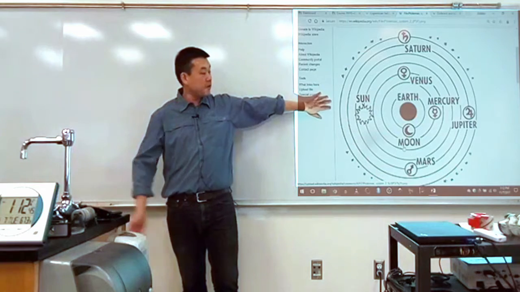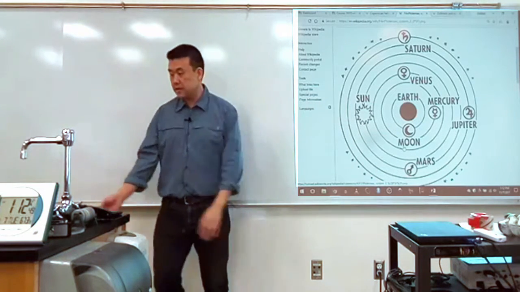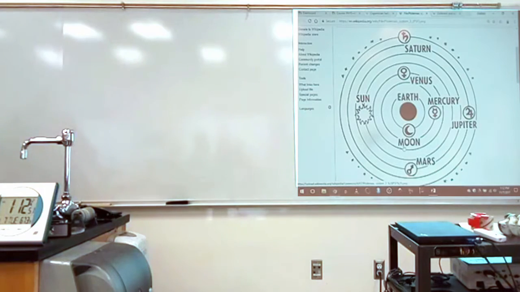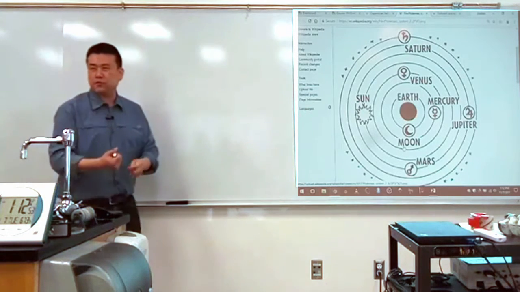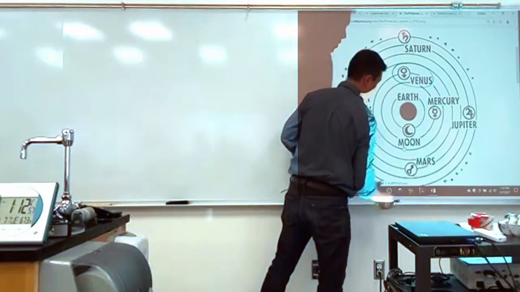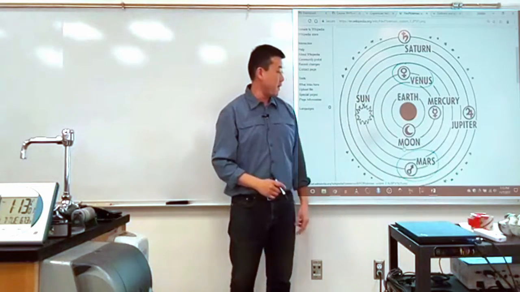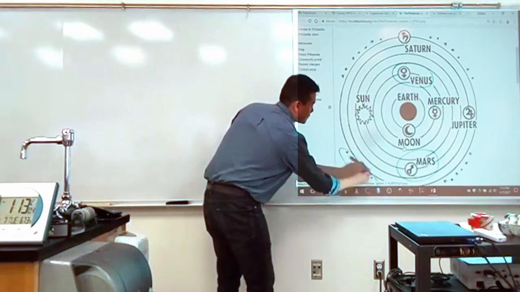And the ancient astronomers found these things that they called planets. Does anybody know the difference between planets like Venus, Mars, and the stars?